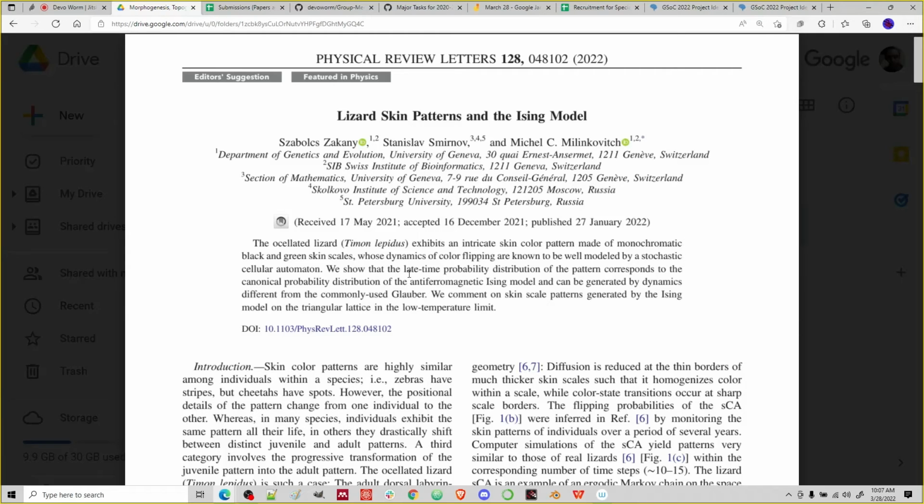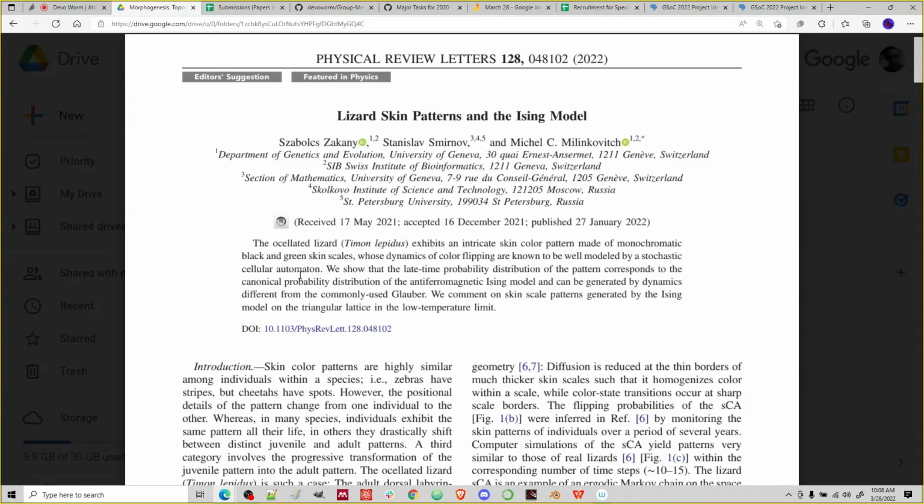So there's this intricate pattern of scales. They flip their colors based on a stochastic process, which is basically as simple as flipping a coin. Flipping a coin is a random process, but it's the process of generating that random state which is the idea behind stochasticity. People talk about stochasticity all the time in biology, but you can apply it to a lot of problems.